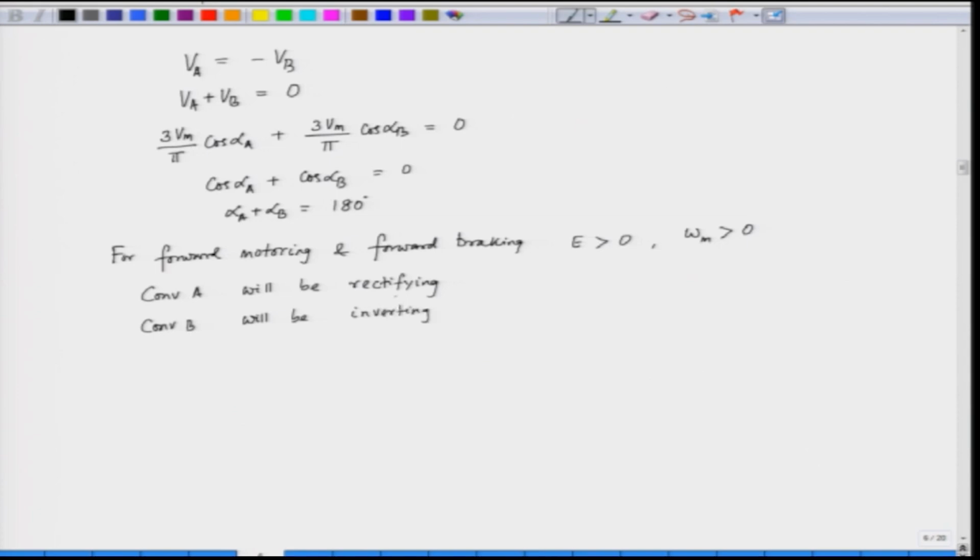Now, what is the meaning of this? When we say converter A is rectifying, it means alpha A is from 0 to 90. When we say converter B will be inverting, it is basically operating at a negative output voltage, which means alpha B should be between 90 to 180.